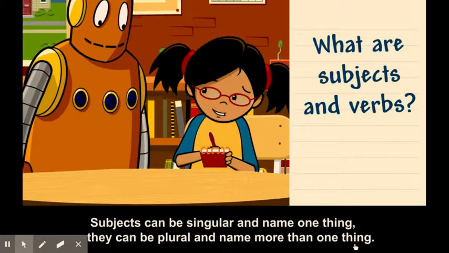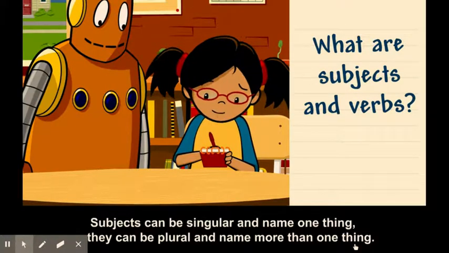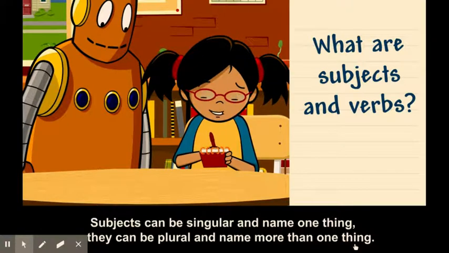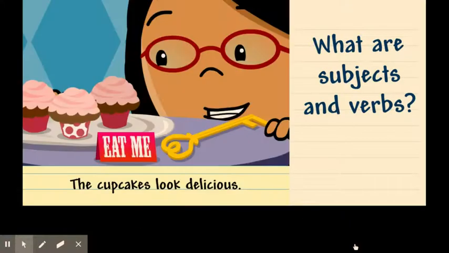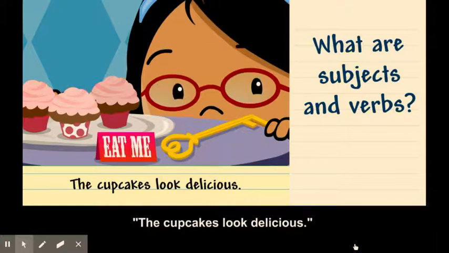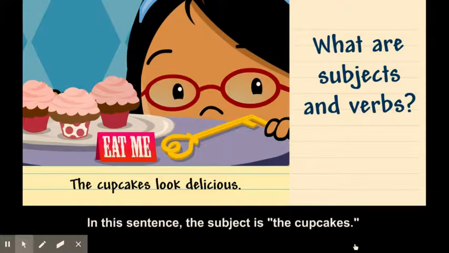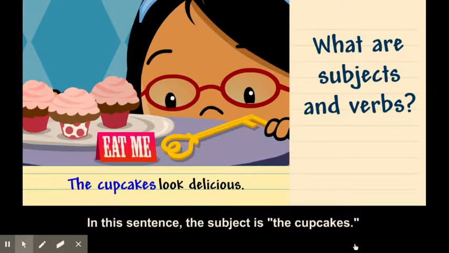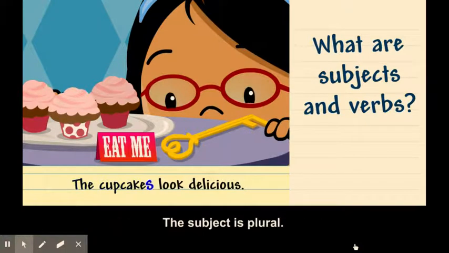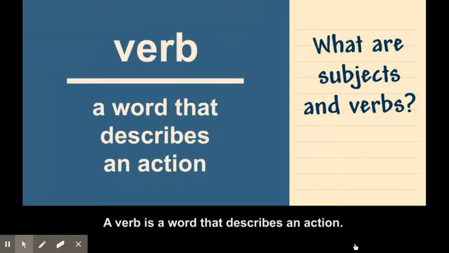Subjects can be singular and name one thing, or they can be plural and name more than one thing. The cupcakes look delicious. In this sentence, the subject is the cupcakes. The subject is plural.